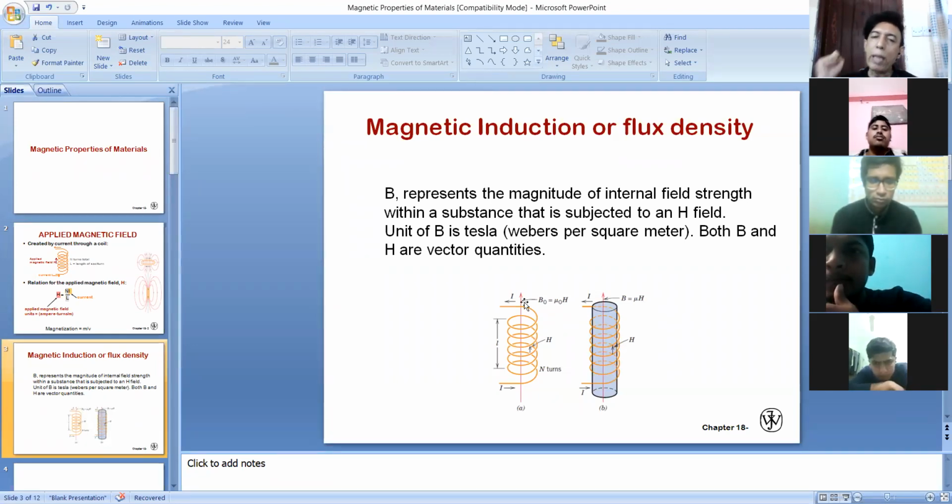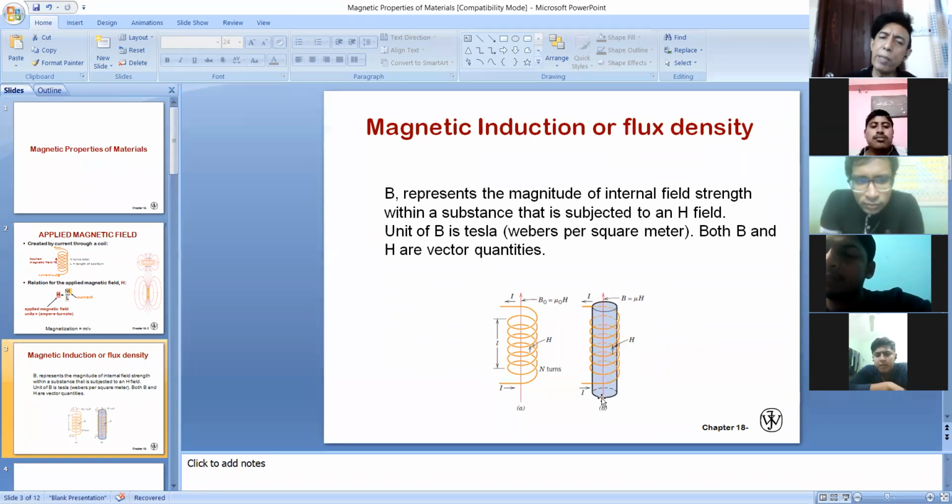So the lines of forces enter this material, and this material becomes magnetic. If this material becomes magnetic, it will have its own lines of forces.